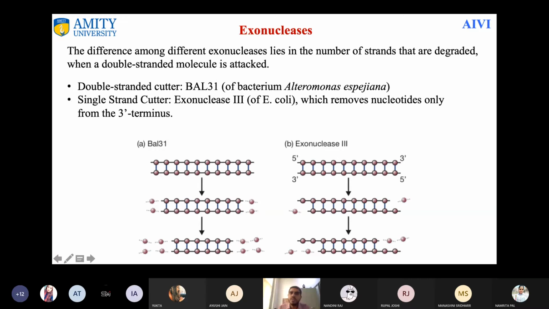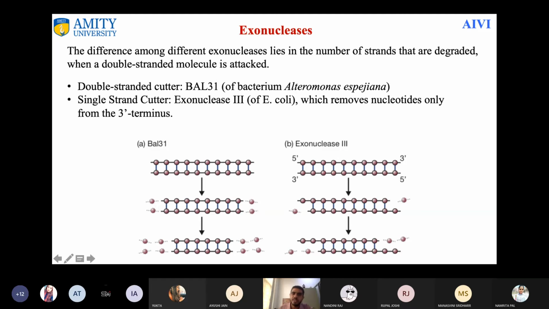The difference among different exonucleases lies in the number of strands they are degrading, meaning both strands or a single strand. Those degrading both strands, we call double stranded cutters, meaning they are removing nucleotides from both strands of your DNA.